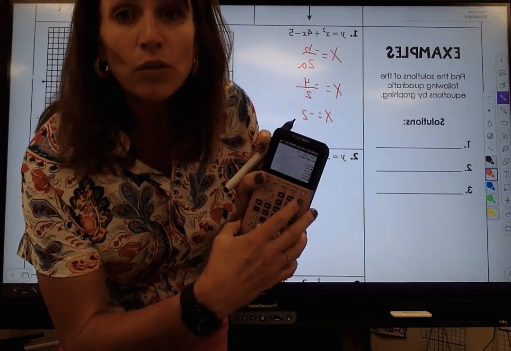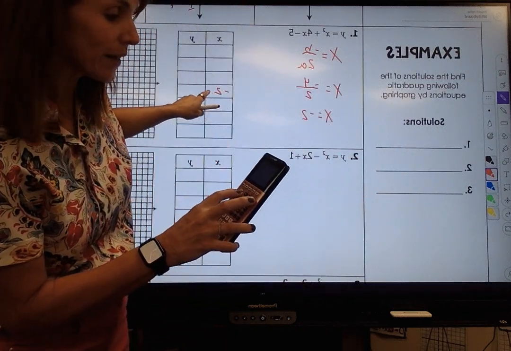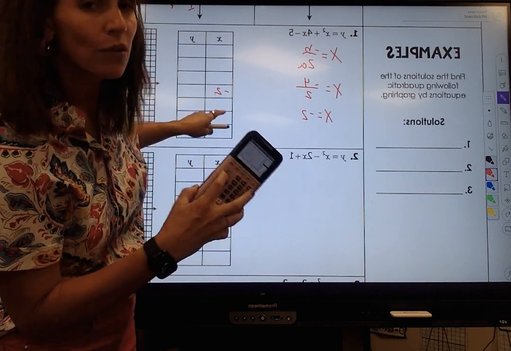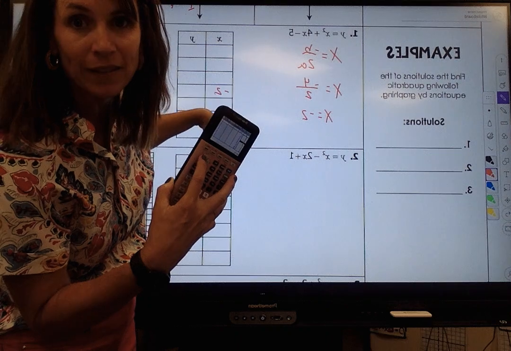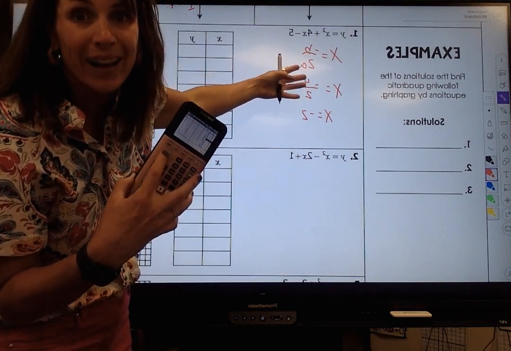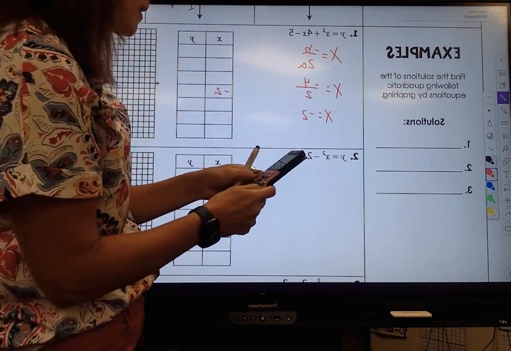And now, when you go to table, you know automatically you need to find where your x value is negative 2. So that makes it easy to locate and fill in the table of values. You may not know the vertex right away, so it zones you in to where you need that table to be.